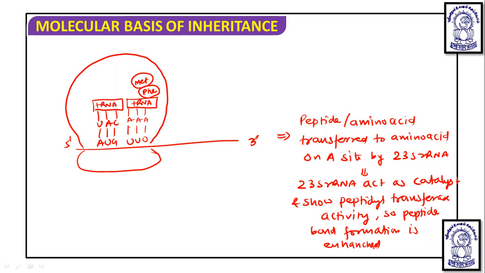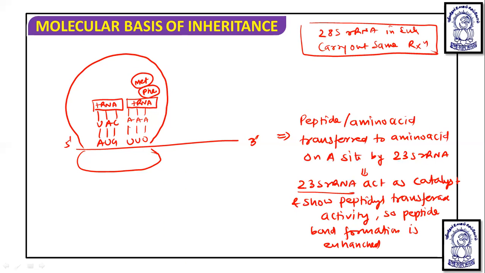And after forming a peptide bond with the amino acid at the A site, it is favored by the 23S rRNA, particularly in the case of prokaryotes. Now, the same mechanism is done by 28S rRNA in eukaryotes. So 23S rRNA in prokaryotes and 28S rRNA in eukaryotes carry out the same reaction.